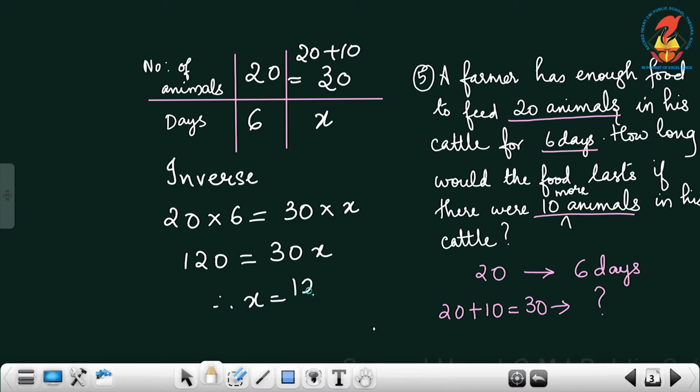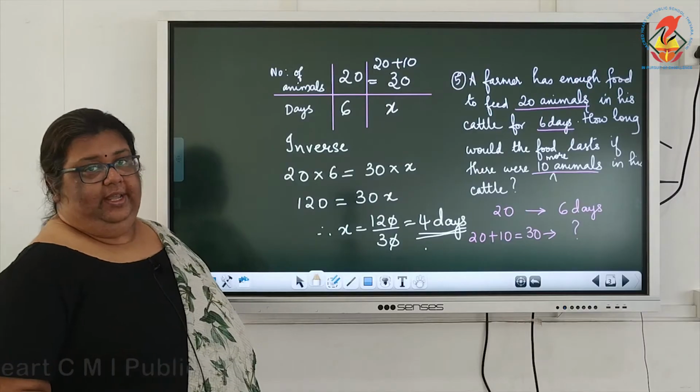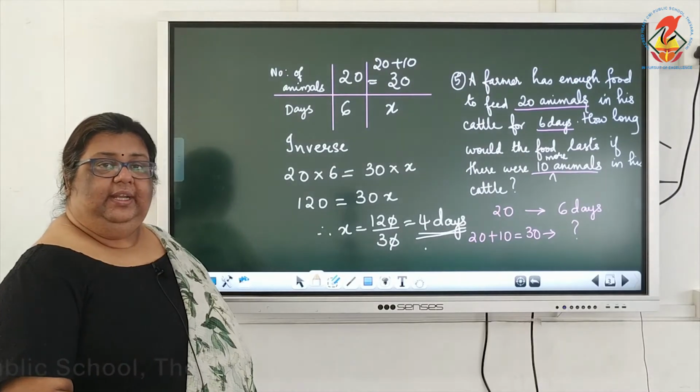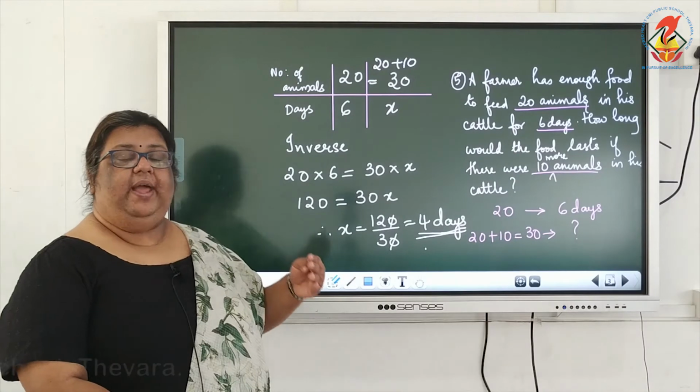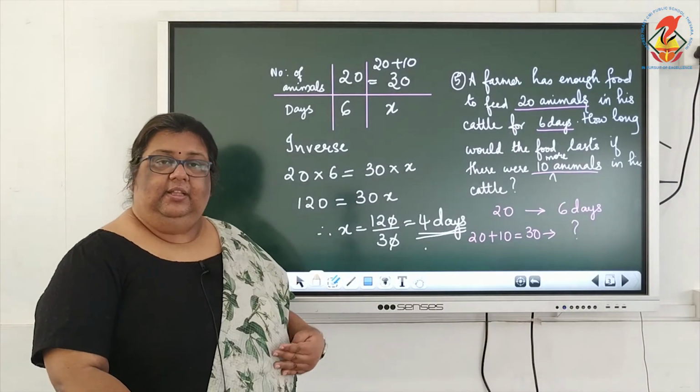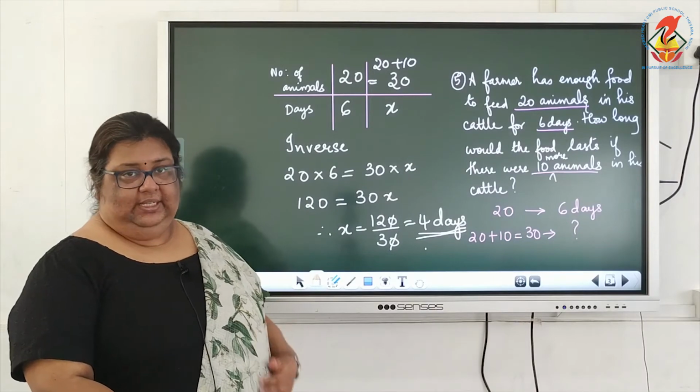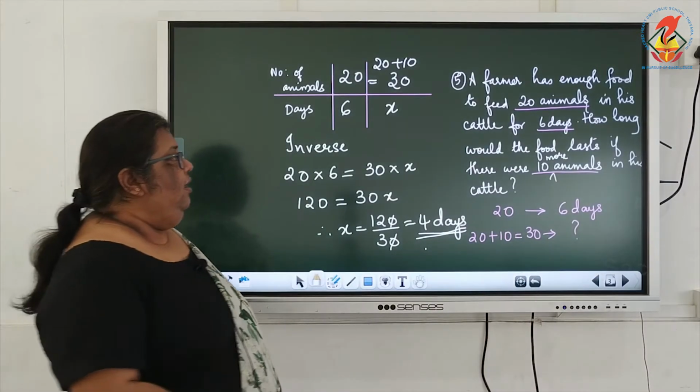Therefore, x equals 120 by 30, which is 4 days. So for 30 animals, the food will last for 4 days. When one quantity increases, the other quantity decreases. As the number of animals increases, the number of days the food lasts will decrease. And here it will be 4 days.